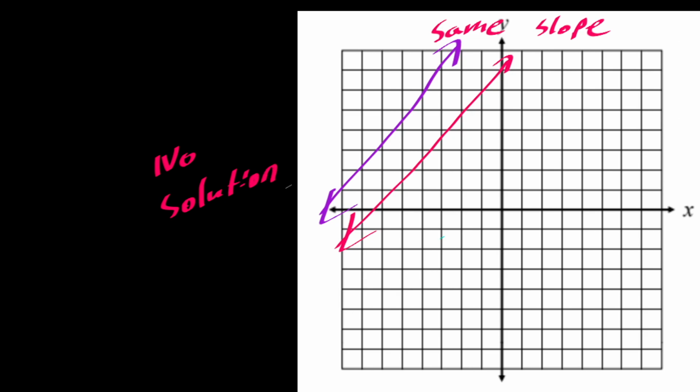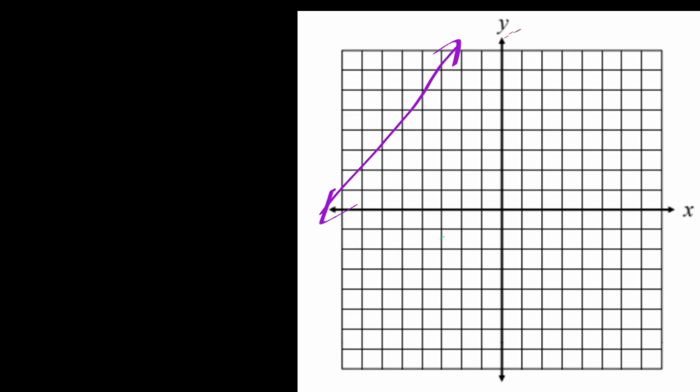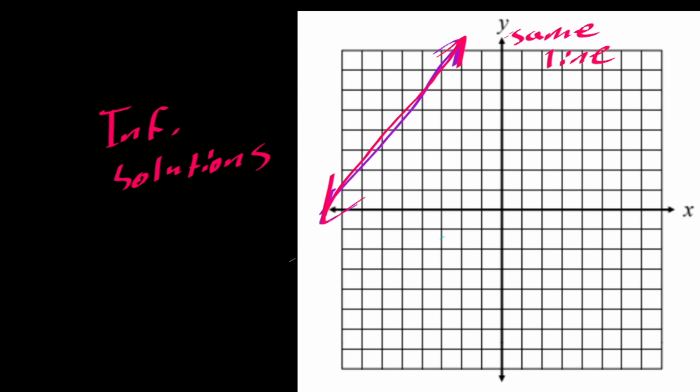Now, let's say 2 lines do have the same slope, but then I basically graph the same line. So let's say I have this purple line, but then I have the same exact line right over it. My drawing skills are bad, but you can tell those lines are right on top of each other. If that happens, then your answer is infinite solutions. All right, so those are the 3 variations you could see.